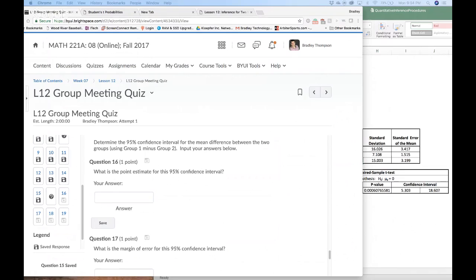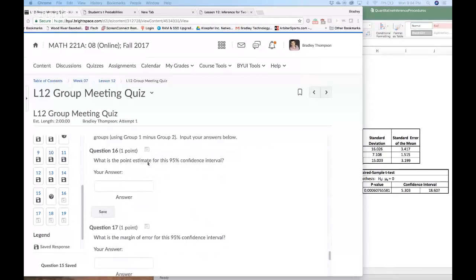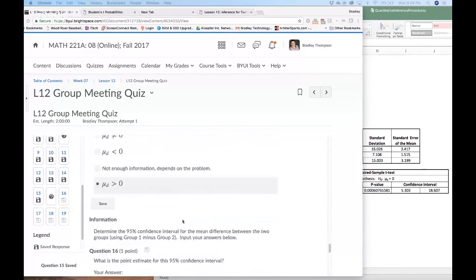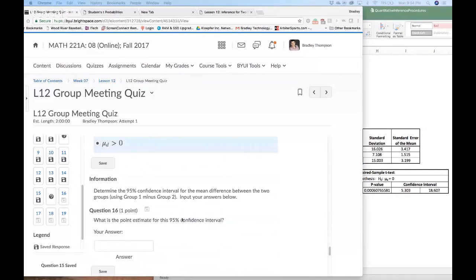Remember you got the top and the bottom margin. So there's the point estimate, then you have the margin of error and the upper and lower bound. That's what we're answering next. The margin of error is m equals 2 times standard deviation over the square root of n. But I don't know how you find the point estimate.